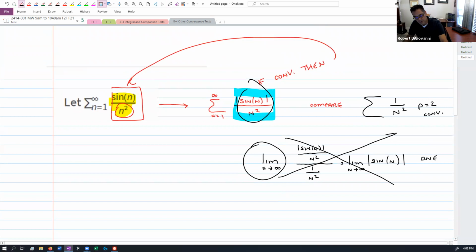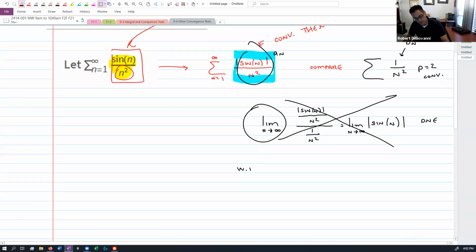So this right here is like the a sub n, and I'm comparing it to this b sub n. Since this one converges, I'm going back to the good old comparison test. I want to show that my a sub n's always stay smaller than or equal to my b sub n's, because these all add up to be a number. They converge. So I want to make sure these are smaller than those so that when I add them up, it stays smaller than that sum.